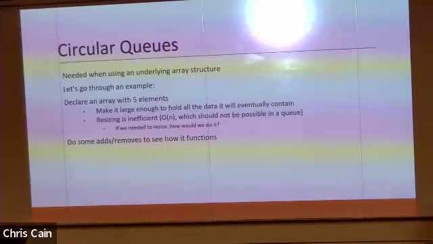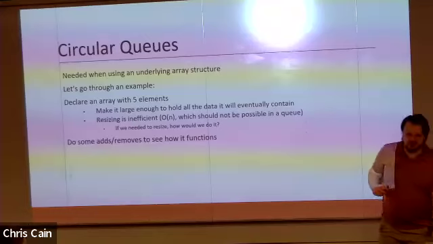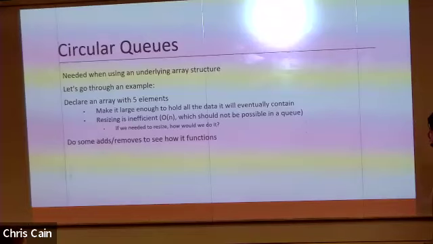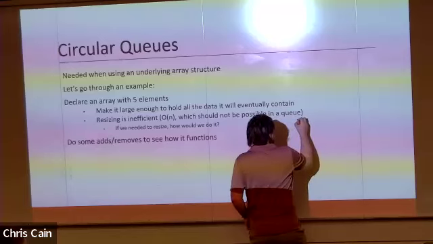So if we attach the back of the array to the front of the array, this allows us to add and remove, keeping track of where the front and where the rear are. Let's go ahead and do some basic work with a circular queue. I'm going to start off with 4 elements in this circular queue, and we will do a resize if we need to.